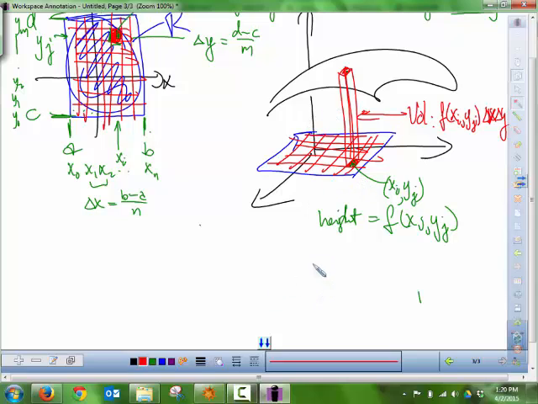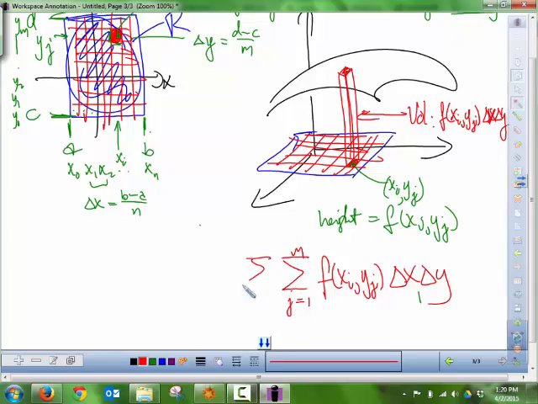So this is going to be a double sum. So we take your height times delta x times delta y, and then now we add up along the y's, and then we add up along the x's.